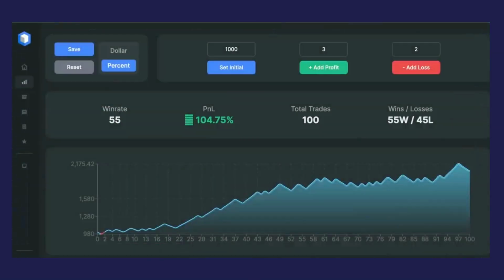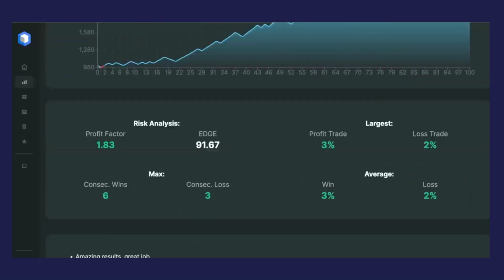Okay, so the backtesting is finished and here are the results. So the win rate for the strategy is not 99, it's only 55. Our account size has increased by 104.75% after 100 setups, which tells us that the strategy is definitely making some good money. The profit factor is 1.83 and we had 6 consecutive wins against 3 consecutive losses.